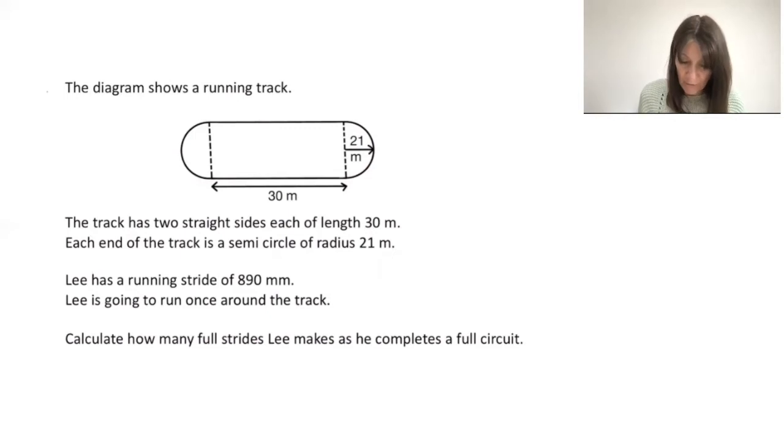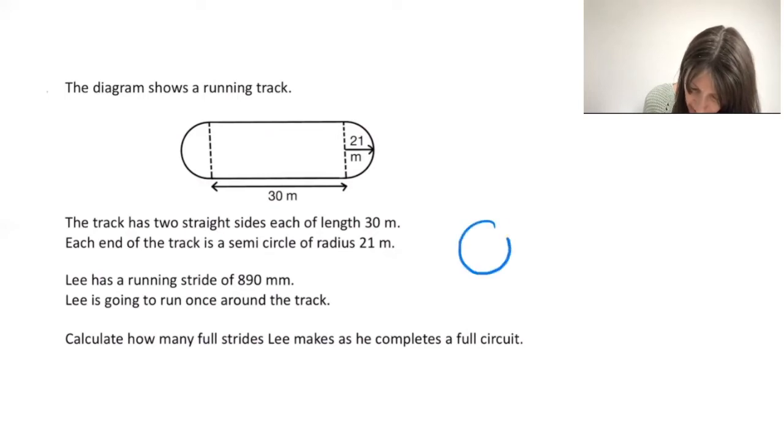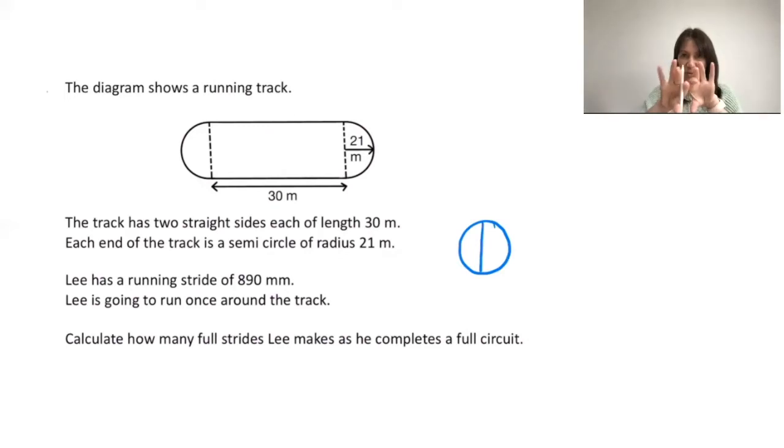So straight off, I can obviously see that the end points are semicircles. If I was to put those together, I would have a full circle. You've got one at each end, haven't you? But the circumference there is going to be needed. So circumference is pi d.